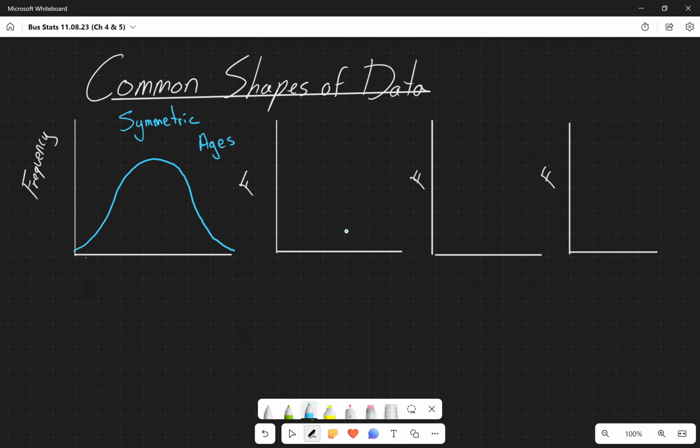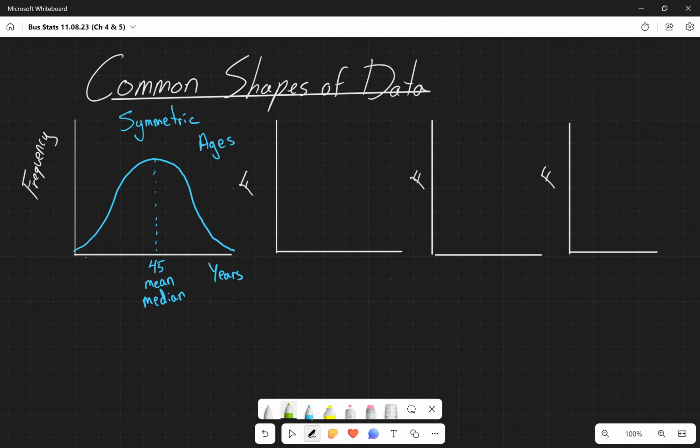And we see a symmetric distribution where both the mean and the median are right on top of each other at 45 years of age. So those are our symmetric distributions, okay?